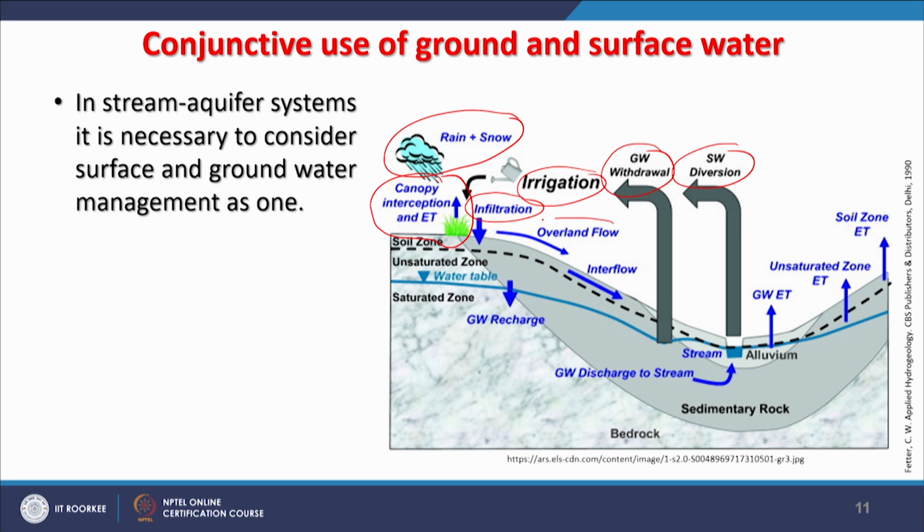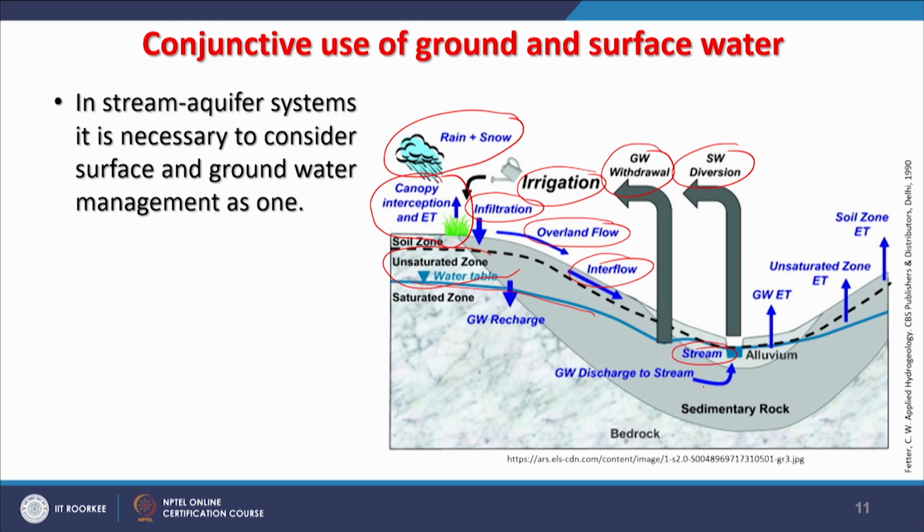There might be some overland flow of this rainwater, and a lot of water will go to the unsaturated zone, and that will have a water table below that. You might be having interflow, that is within the top part of the earth in the soil zone, which is also shown here with the black dashed line, and then you are having a stream scenario.